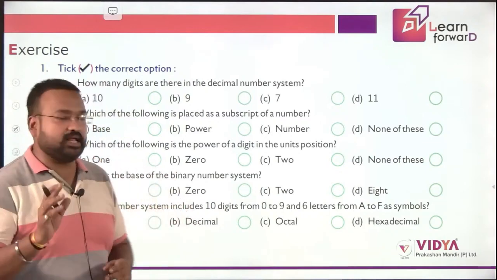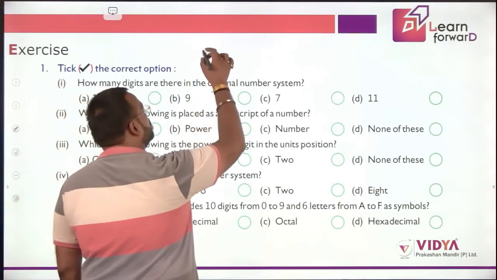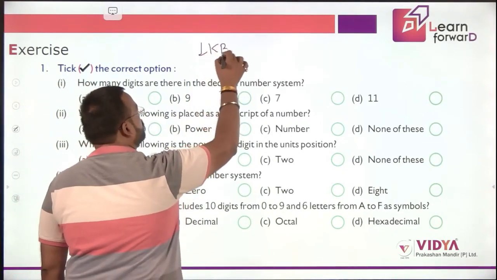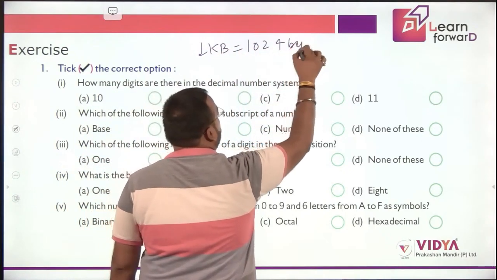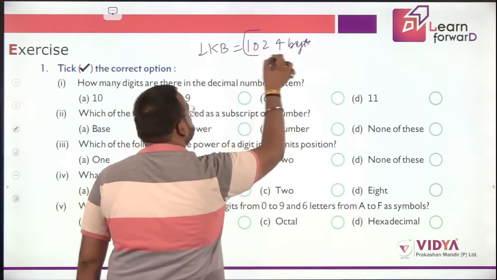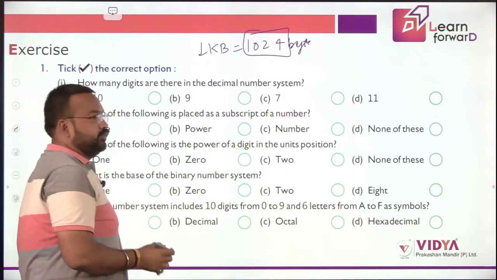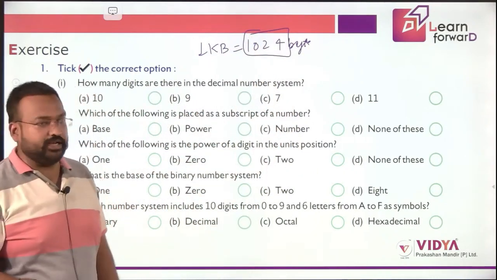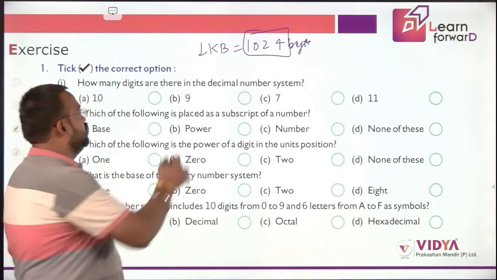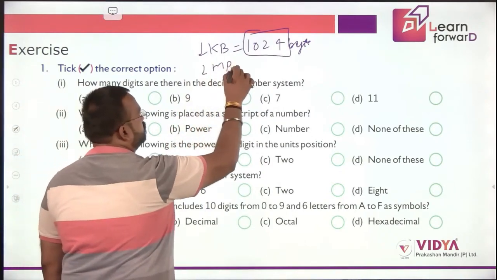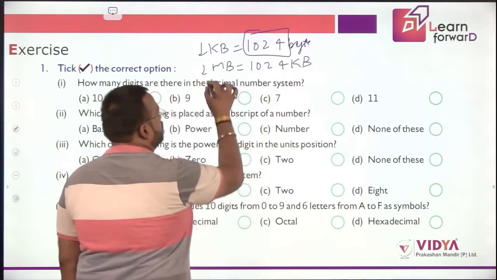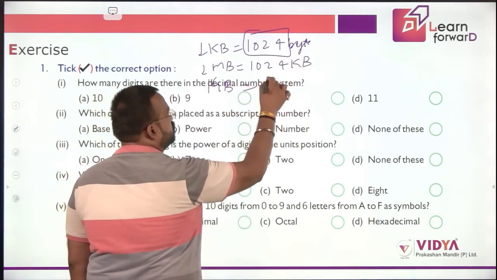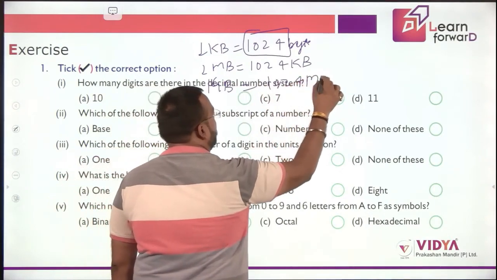So in the end, just one last question. Yesterday we talked about how 1 KB is equal to 1024 bytes. So I asked why there is 1024. As we go to higher units, 1 MB is equivalent to 1024 KB, and 1 GB is equal to 1024 MB.